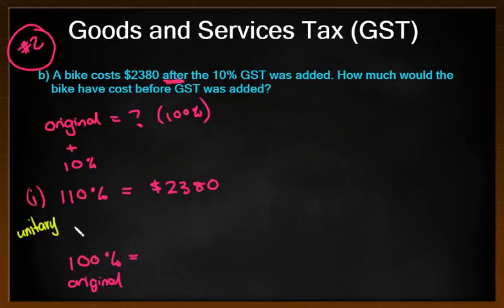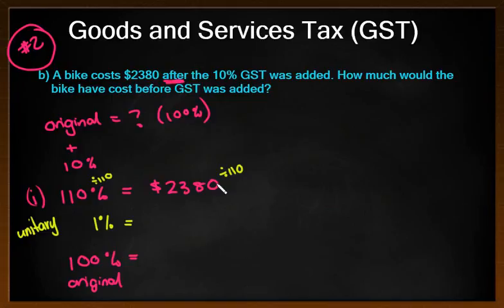We find 1% of the amount, which is 1 unit. To get 1% of the amount, we divide both sides by 110, because 110 divided by 110 is 1.